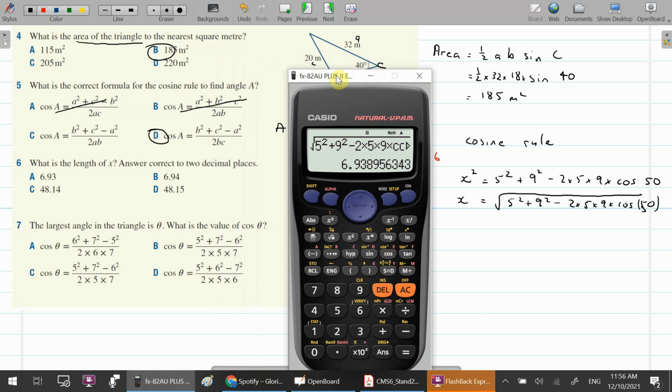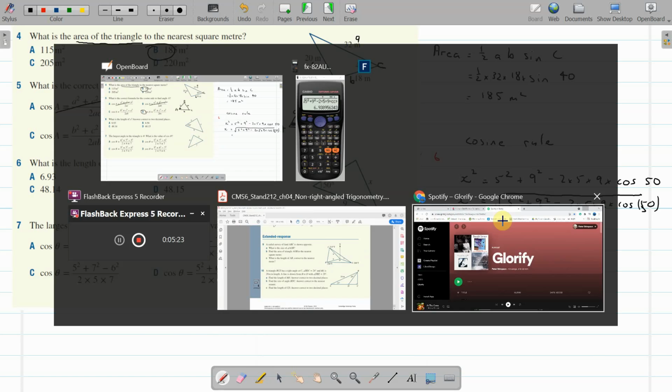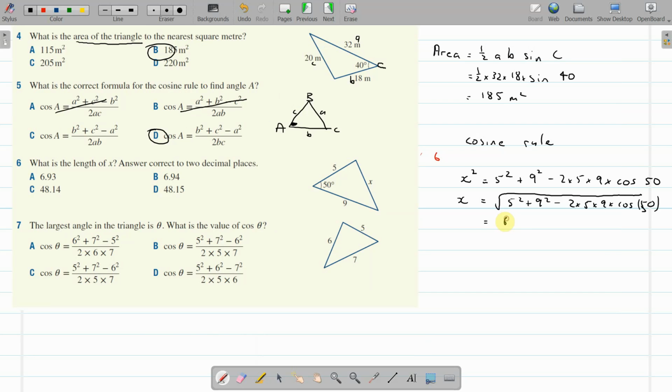How many decimal places? 2. 6.94. Which is that one.